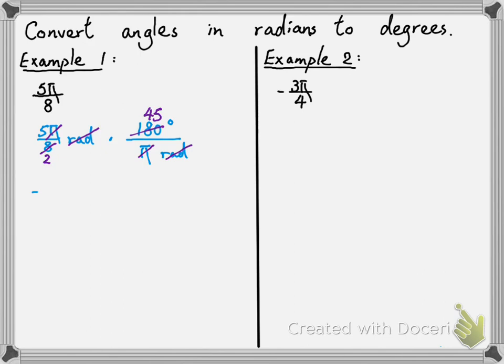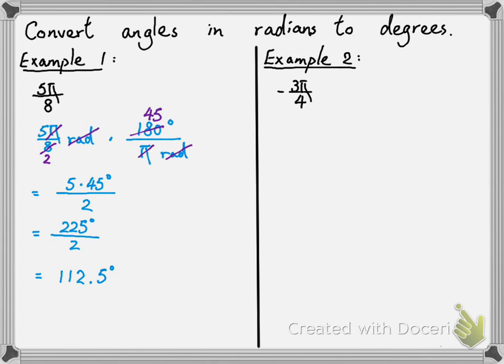Now we're left with 5 times 45 degrees over 2, which is 225 degrees over 2. Our final answer is 112.5 degrees. We see that 5 pi over 8 radians is equivalent to 112.5 degrees.